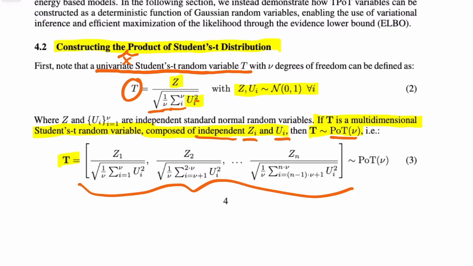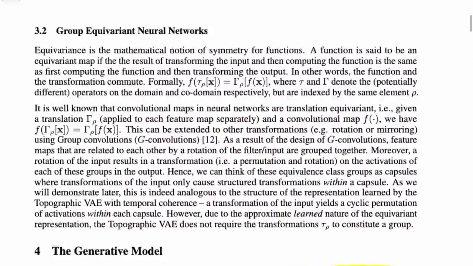Now it should connect for you. In deep learning variational frameworks, we can work pretty much only with Gaussian random variables. In this model, we want to work with product of student t random variables. And here is how we can construct the product of student t random variables from Gaussian random variables.